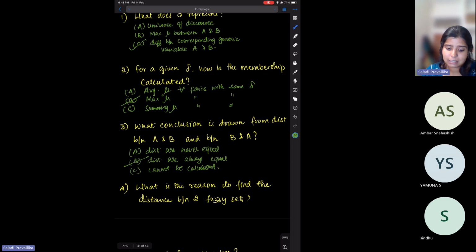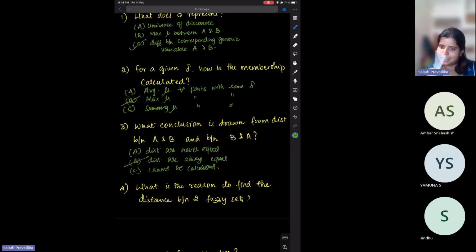What is the reason to find the distance between two fuzzy sets? Why do we find the distance between two fuzzy sets? I told this at the beginning of the class, so I'm not giving options for this. I'll wait for a minute.